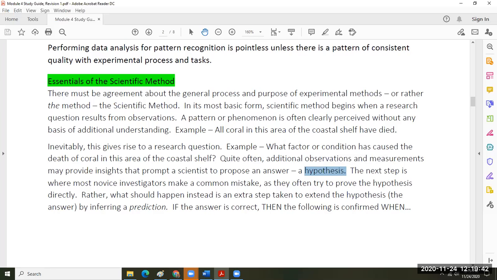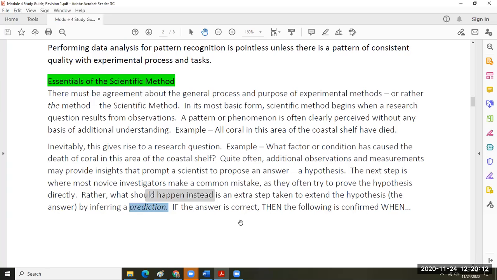In the same way people get fixated on the statistical numbers and the outcomes, they also get fixated in terms of scientific method on this hypothesis. And that hypothesis is only an answer. If you have an answer to a question and you think it's right, by extension, you should be able to prove the hypothesis by inferring a prediction.